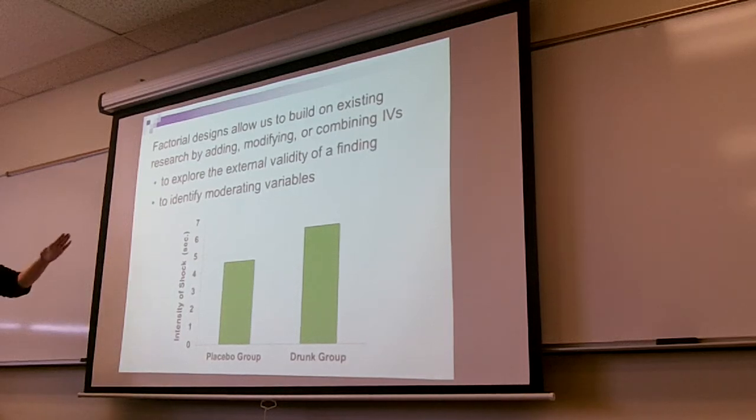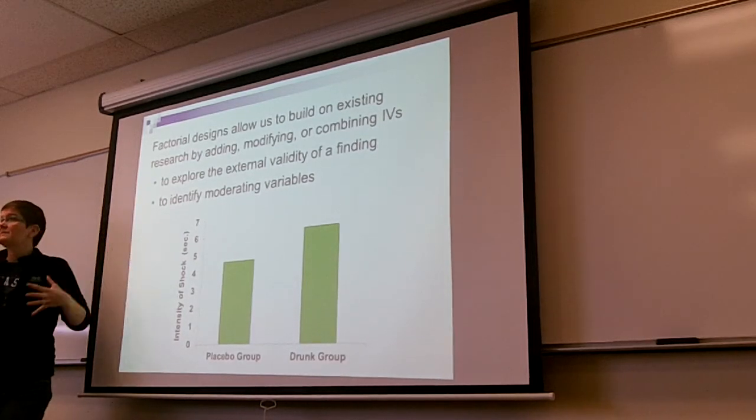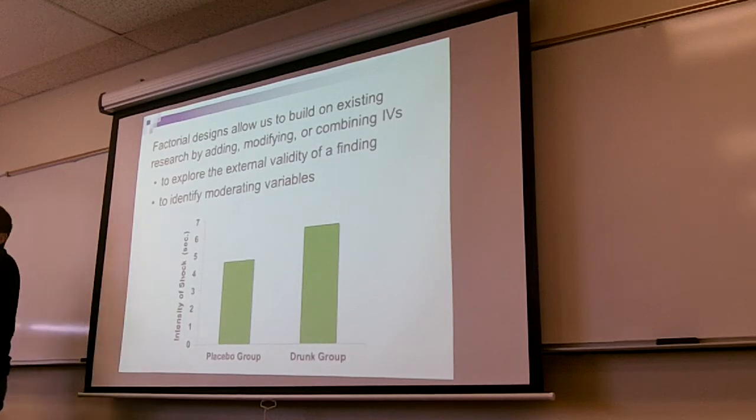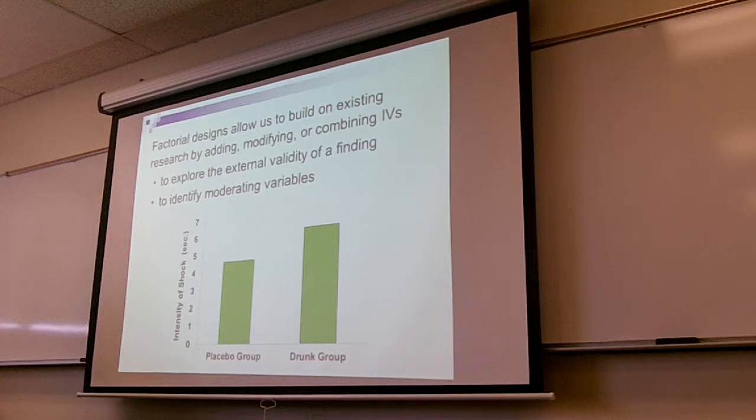It can allow me to better understand the external validity of a finding. So how far does this generalize? Is it the same for all different kinds of people, all different kinds of dogs, all different kinds of foods? Or are there limits to the effect?